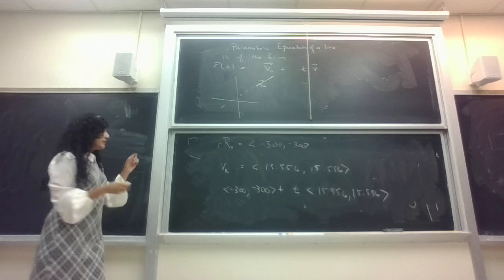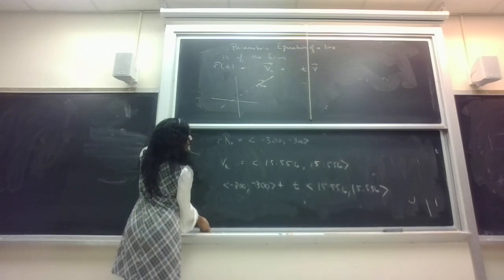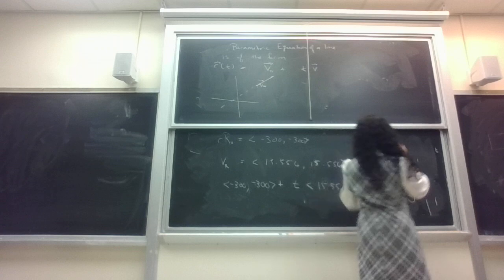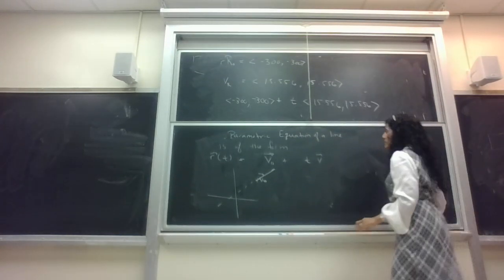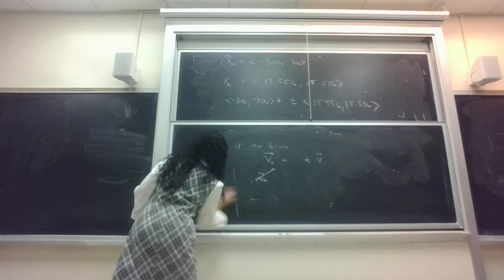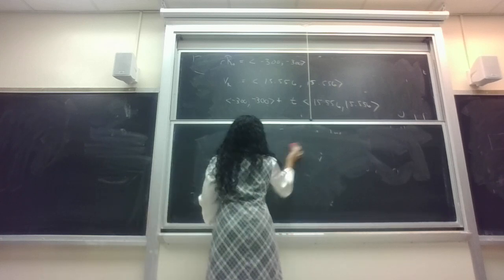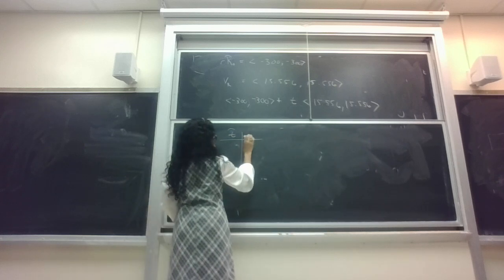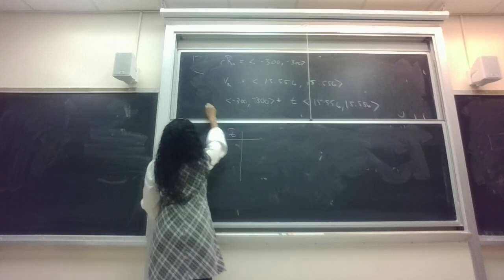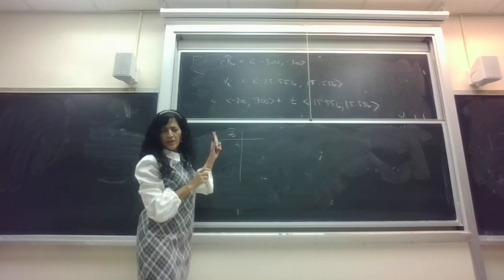I want you to fill in this table basically so you can see what's going on. T, let me call this something. Did they call it something in your book? In your PSL? T.